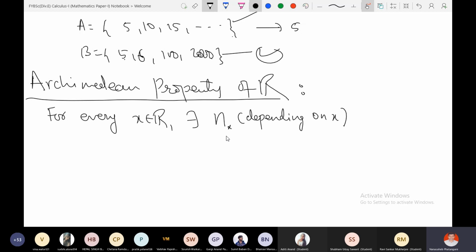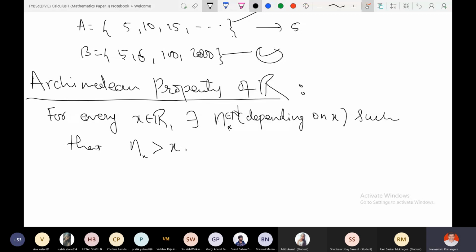Why am I saying suffix x? There exists a natural number n_x in N, a natural number depending on x, such that n_x is greater than x.